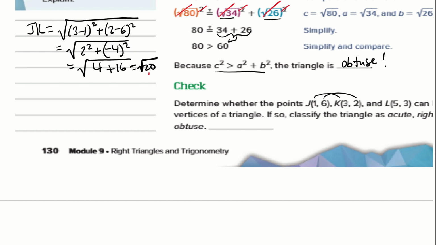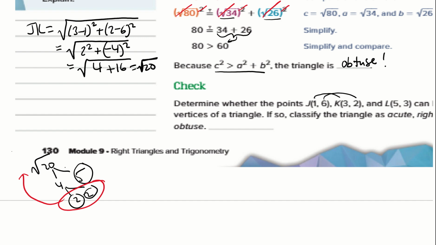Now don't forget to break that apart. So square root of 20 breaks into 4 times 5. And 4 is 2 times 2. Oh, there's our pair of 2, so that gets kicked out, and then the 5 is left over.